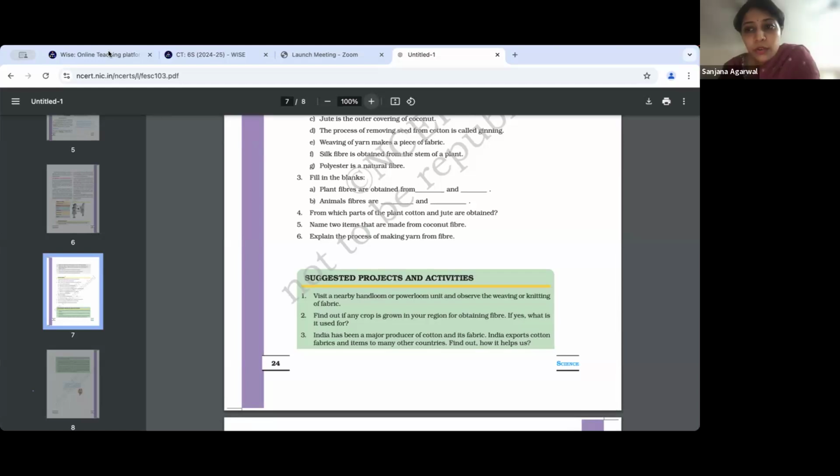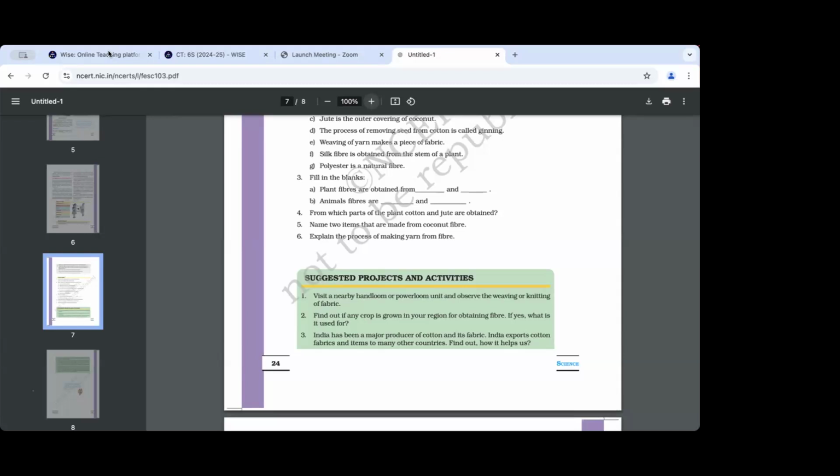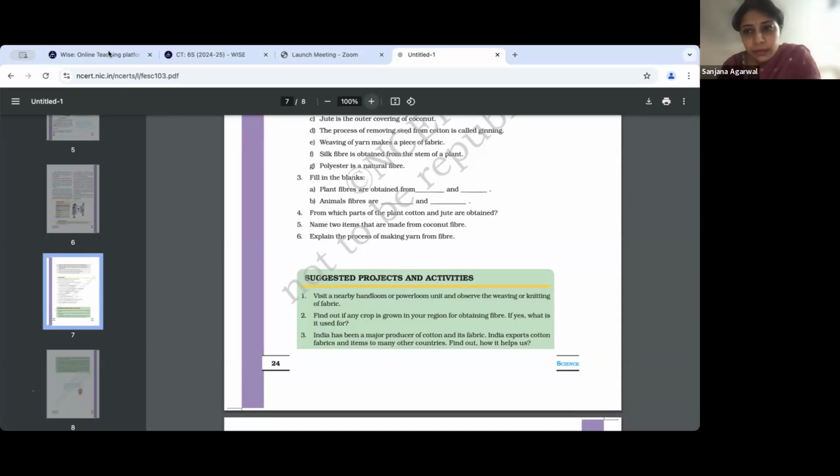Full stop. Weft is the yarn which moves crosswise through the warp. Noted?